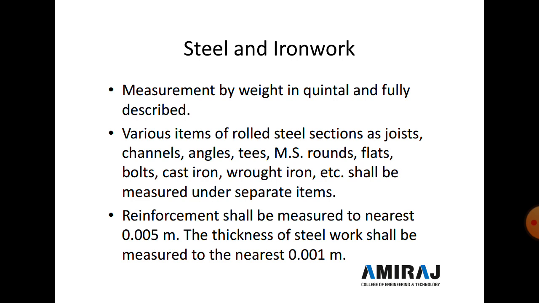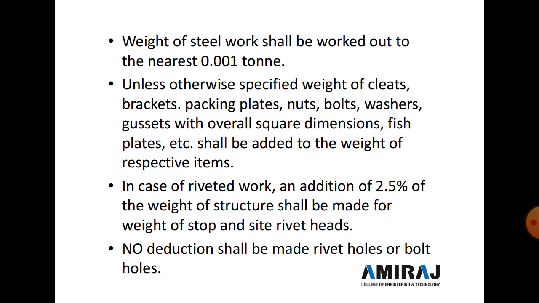Reinforcement shall be measured to the nearest 0.005 meter, and the thickness of the steel work to the nearest 0.001 meter, and the weight of steel work shall be worked out to the nearest 0.001 ton, unless otherwise specified. Weights of plates, brackets, packing plates, nuts, bolts, washers, gussets with overall square dimension, fish plates, etc. shall be added to the weight of the respective items.